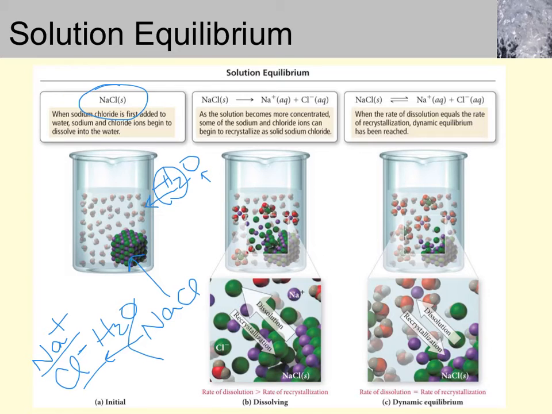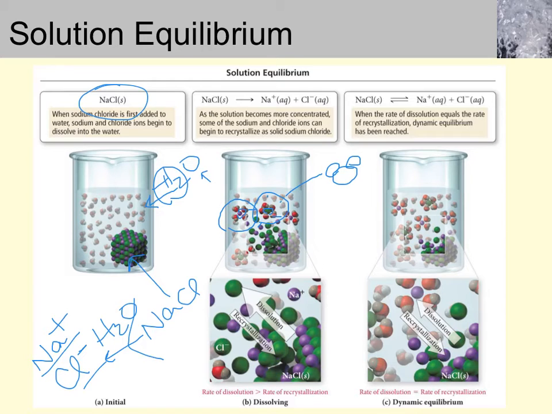So if you look at one of these molecular representations, remember that the Mickey Mouse heads are water molecules, and you see they are surrounding or solvating the ions. See the green ion in the middle, and over here the purple ion in the middle. These ions are being solvated and therefore dissolving in water.